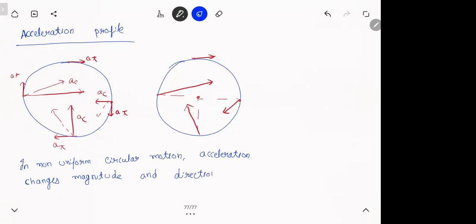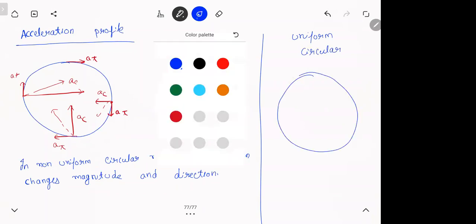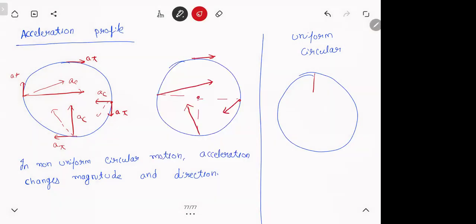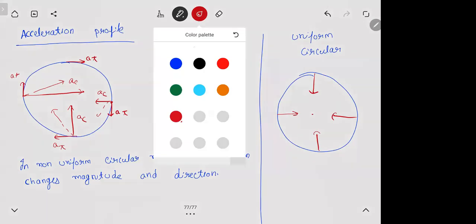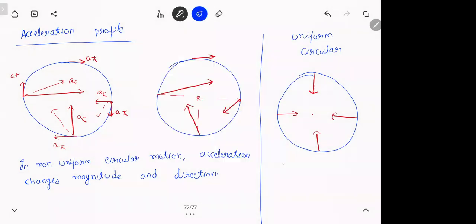Suppose you have a uniform circular motion, in that the speed is constant. So there is only A centripetal, which is like this. Here also the direction is changing, but the magnitude is constant. Magnitude is constant and the direction of acceleration is changing.